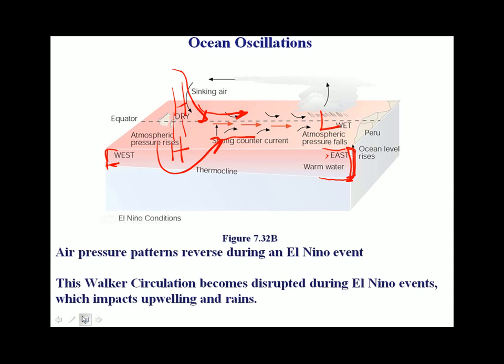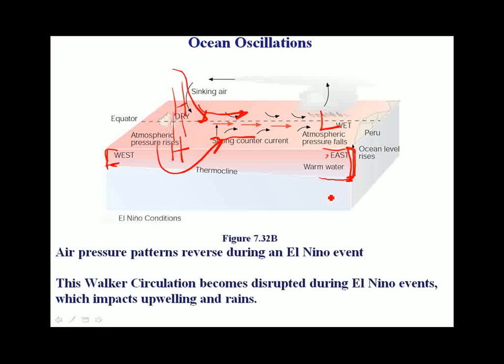So there are several impacts to what happens when we have an El Nino event. Pressure patterns reverse, low pressure now in the east, high pressure in the west. And so during an El Nino, if you have constant high pressure sitting over Australia, Indonesia, you don't have very much rain. You begin to see drought conditions. Over Peru and Ecuador, this warm water begins to cut off nutrients.